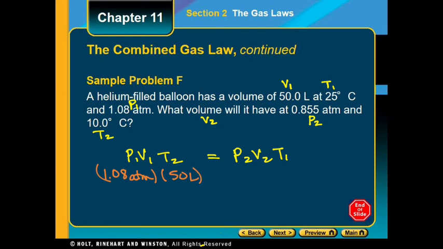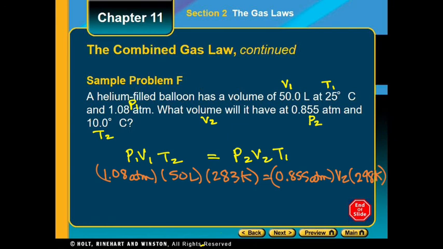Temperature 2 is 10 degrees Celsius, so add that to 273. You get 283 Kelvin. P2 is 0.855 atmospheres. V2 is what we're solving for. And T1, 25 degrees Celsius, that in Kelvin is 298 Kelvin.